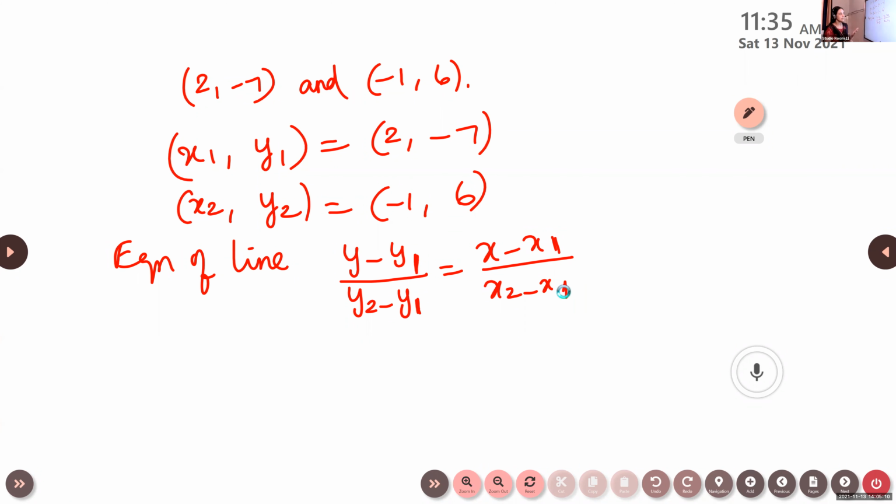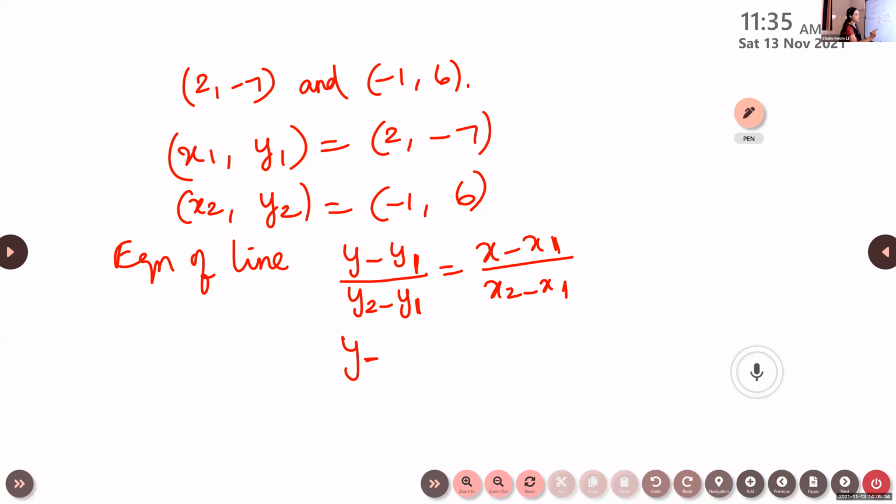Say this, repeat it three times. Y minus y1 by y2 minus y1 equal to x minus x1 by x2 minus x1. Okay? So what is y1, x1? Just apply the values.